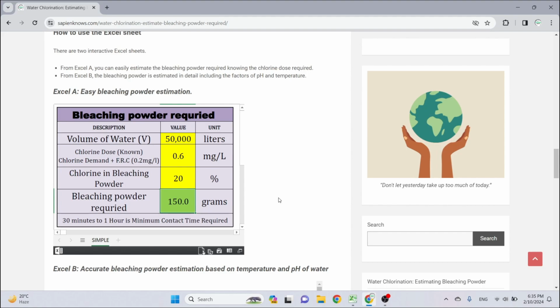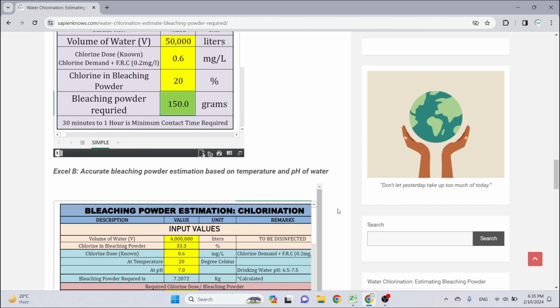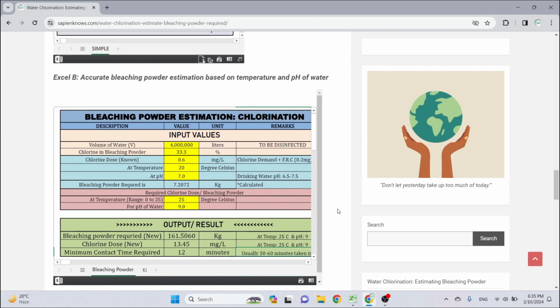In another way also, you can calculate the requirement of bleaching powder, as the bleaching powder's chlorine is highly dependent on the pH. So this is another design example in which the pH and temperature are also considered.